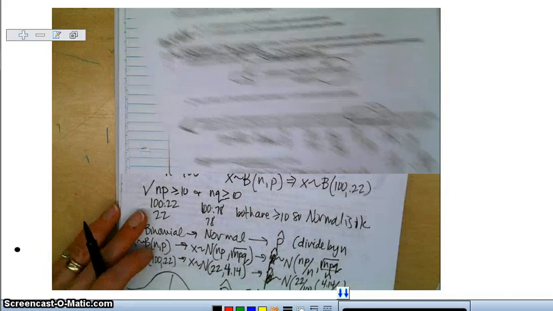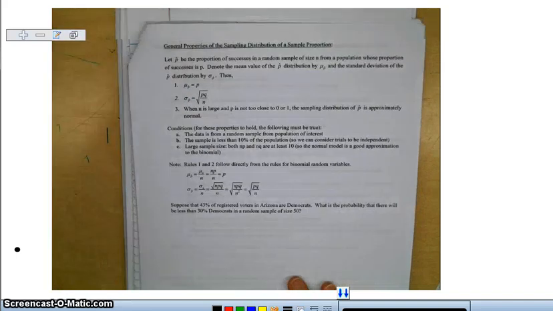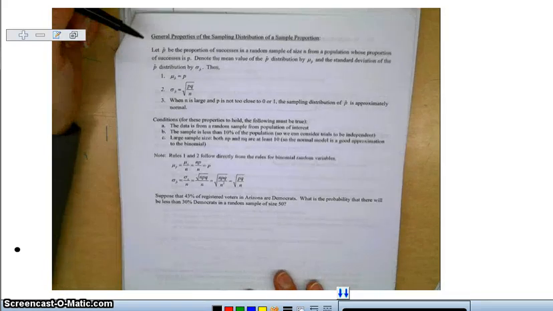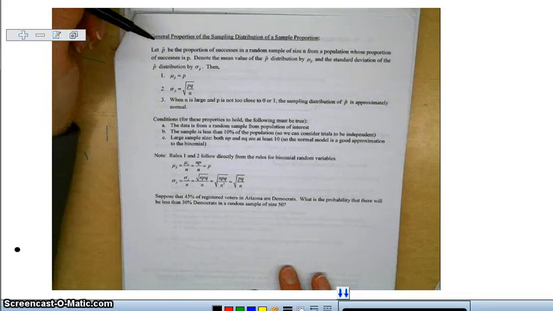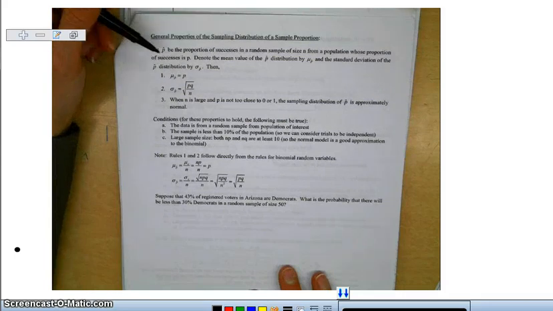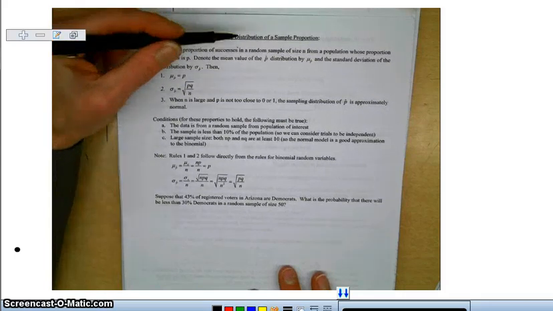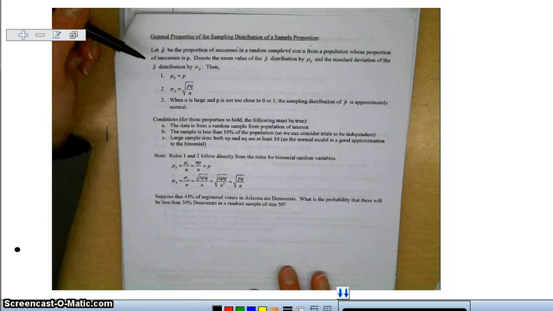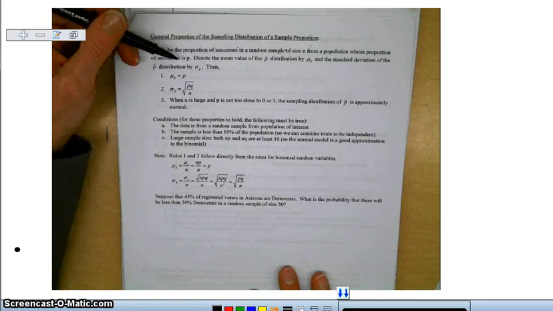Alright, so now on the next page we formally, officially define this. I actually developed the formulas that are on the next page, but there's also an explanation at the bottom. These are the general properties of the sampling distribution of the sample proportion. We're going to let p hat be the proportion of successes in a random sample of size n from a population whose proportion of success is p.